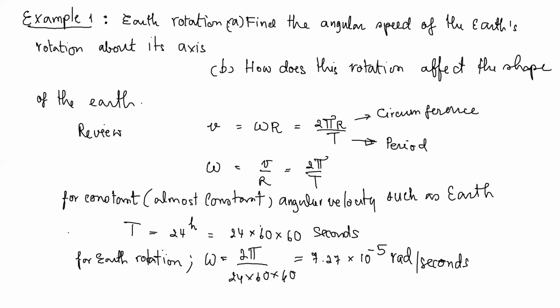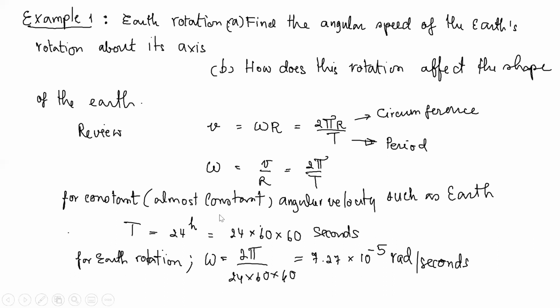And within that, we just say approximately 24. Find the angular speed of the Earth rotation about its axis. And the question is, how does this rotation affect the shape of the Earth?